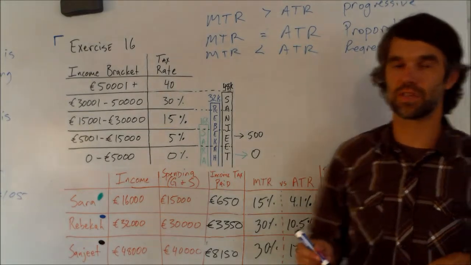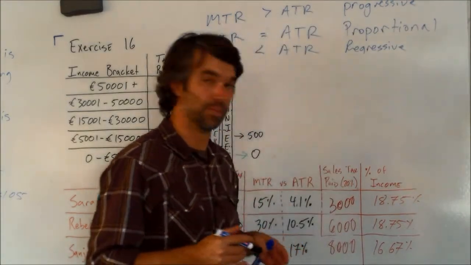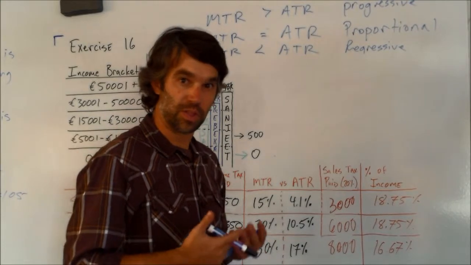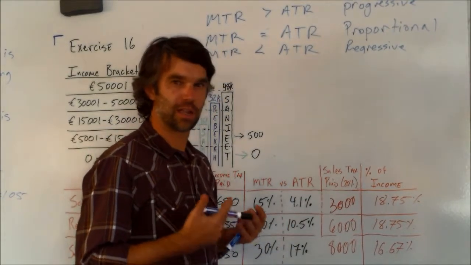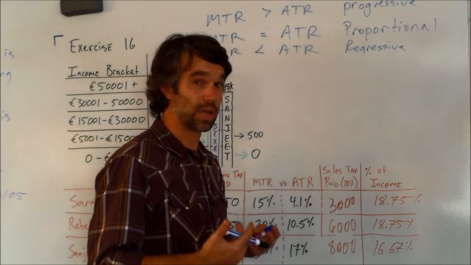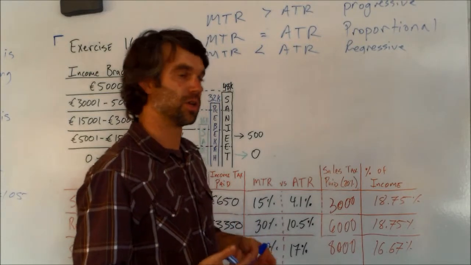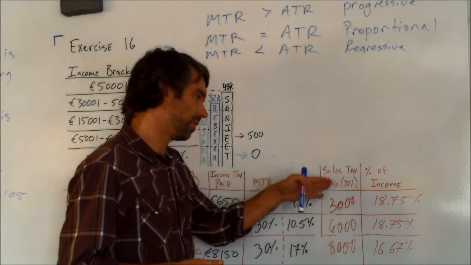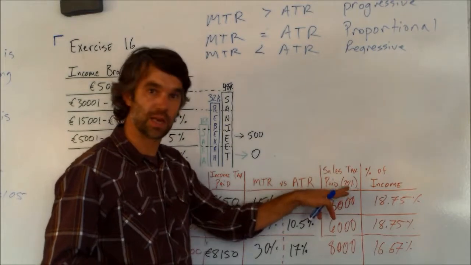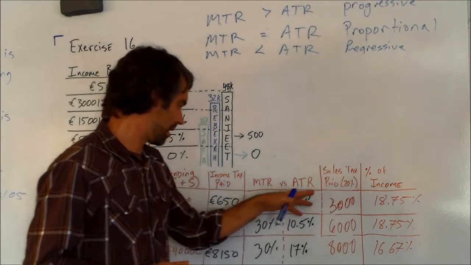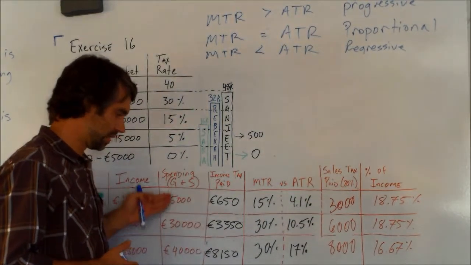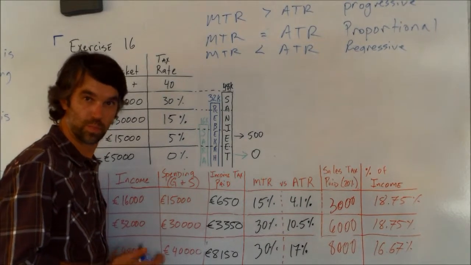Okay, speaking of regressive taxes, we can oftentimes argue that sales taxes, even though they're technically proportional, can actually work out to be regressive. So to show that, what we did is we took a 20% tax rate and applied it to the goods and services that each of these people buy in a year.